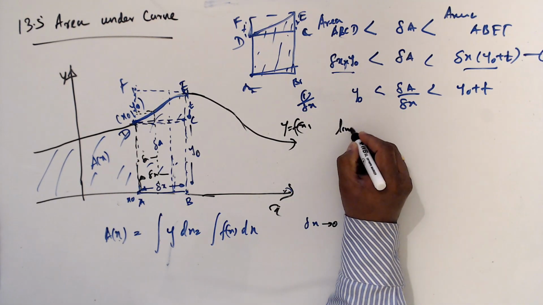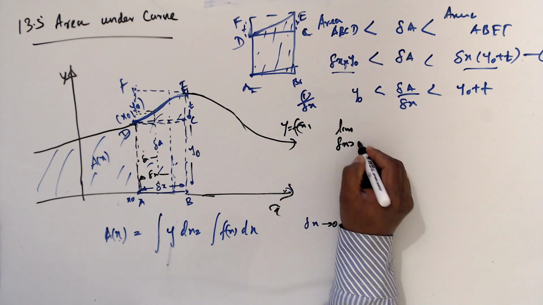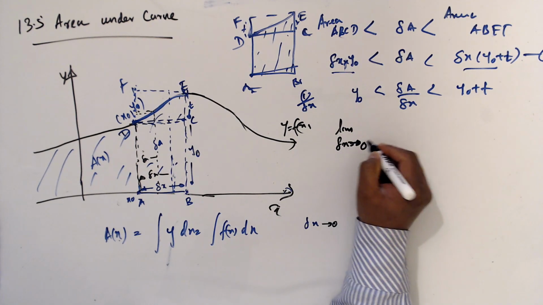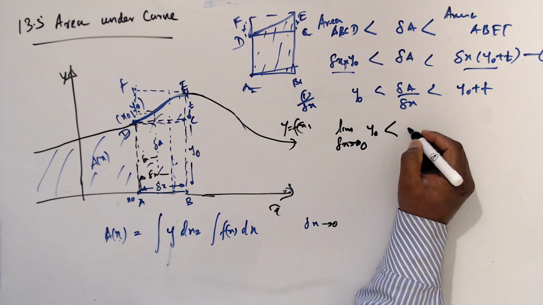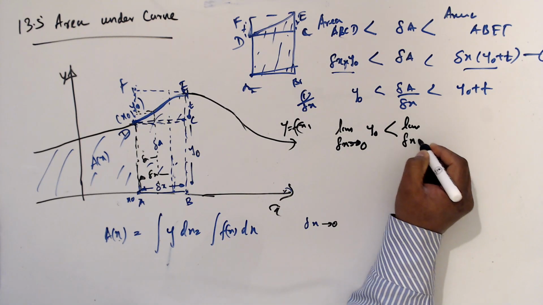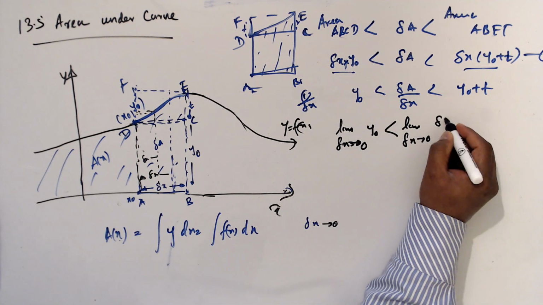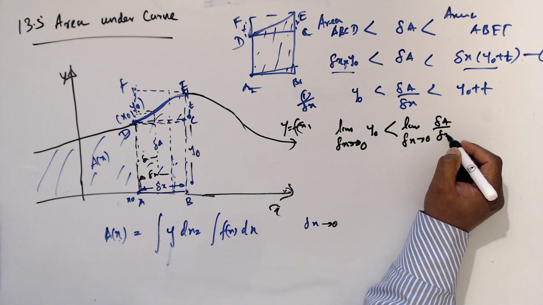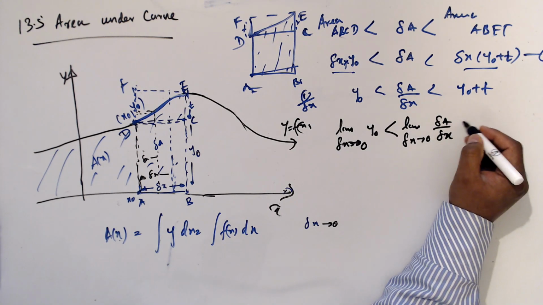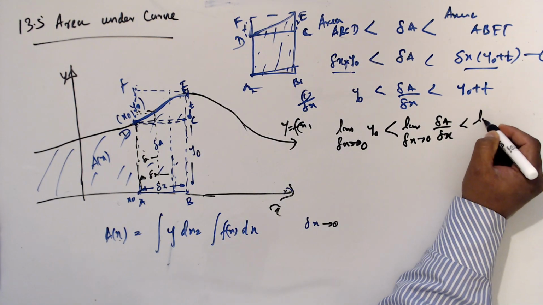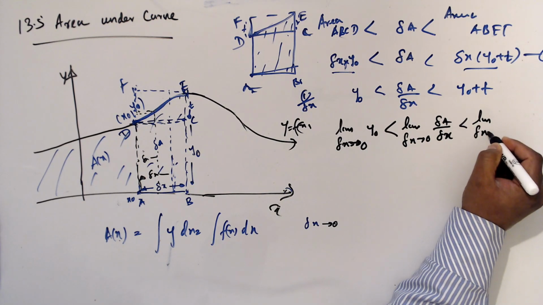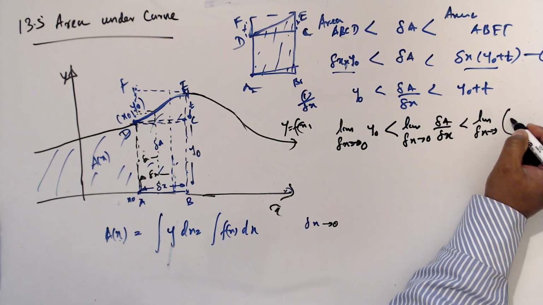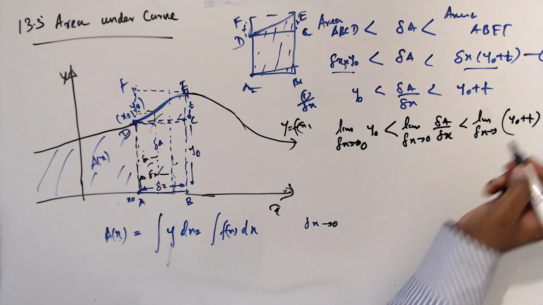Take the limit as delta x goes to 0 of y naught, the limit as delta x goes to 0 of delta A over delta x, and the limit as delta x goes to 0 of y naught plus t.